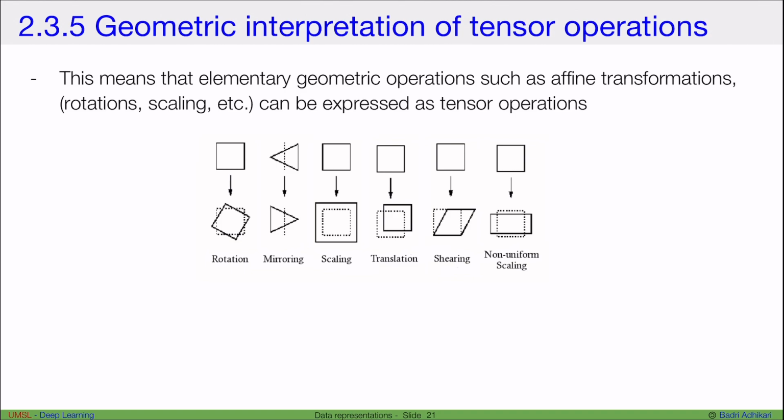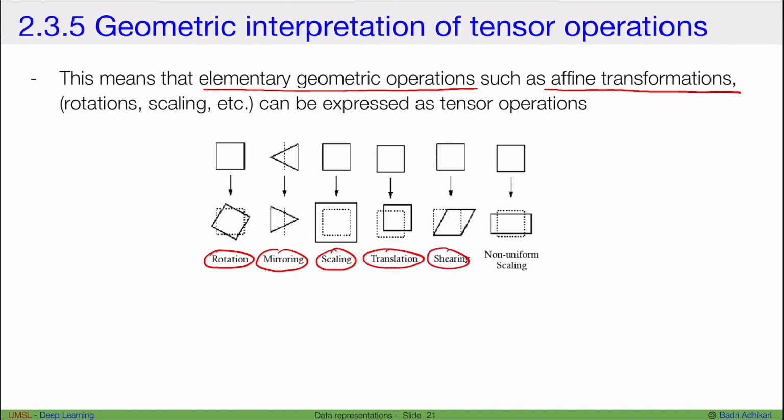Now, this means that elementary geometric operations, such as affine transformations, when we say affine transformations, we mean rotation, mirroring, scaling, translation, shearing, non-uniform scaling, can all be expressed as tensor operations.